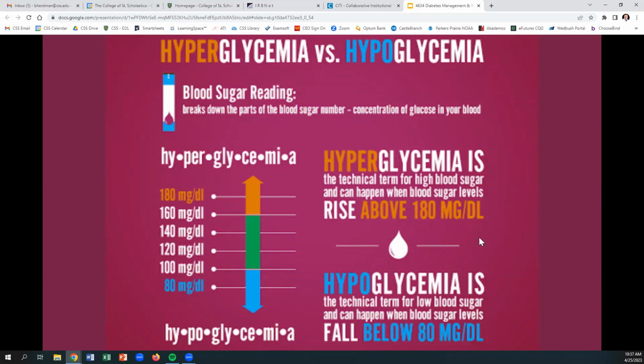So remember that hyperglycemia is the technical term for high blood sugar, and can happen when blood sugar levels rise above the 180 mark in this demonstration. Hypoglycemia is the technical term for low blood sugar, and can happen when the blood sugar level falls below 80 in this demonstration. Okay.